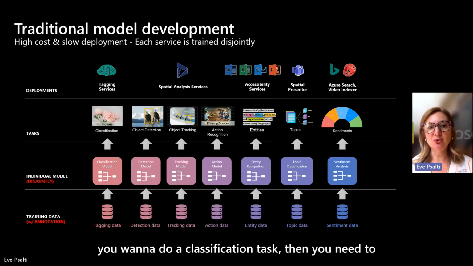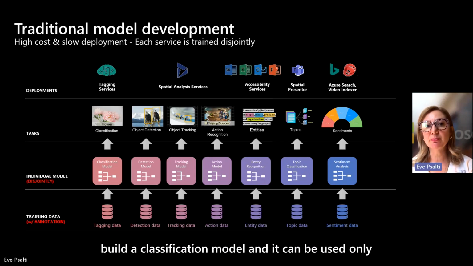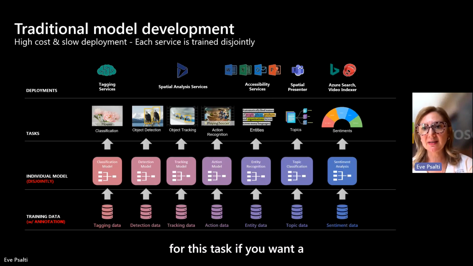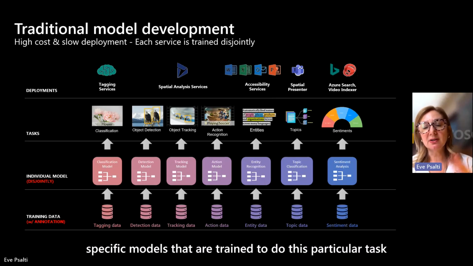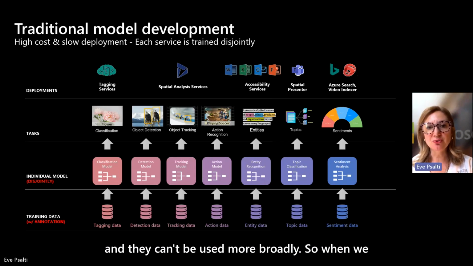So if you want to do a classification task, then you need to build a classification model, and it can be used only for this task. If you want a distribution model or a sentiment analysis model, you need to create these task-specific models that are trained to do this particular task, and they can't be used more broadly.